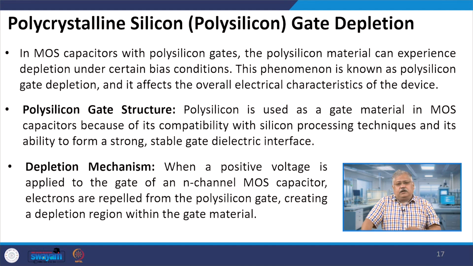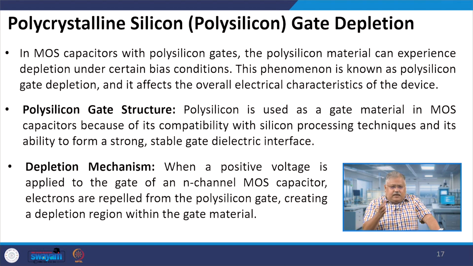Now, there is a problem here, however. The problem is in the polycrystalline silicon: when you apply an external bias, for example a gate voltage, you might actually see a depletion happening just near the polysilicon material, right.